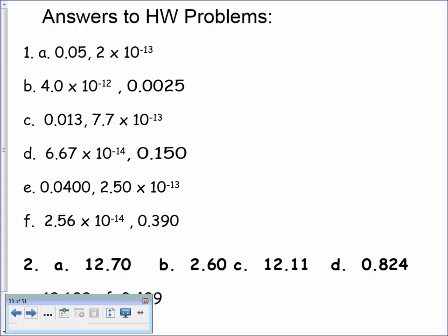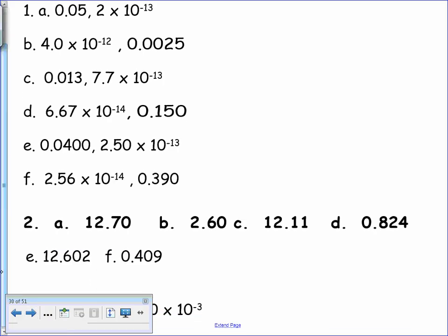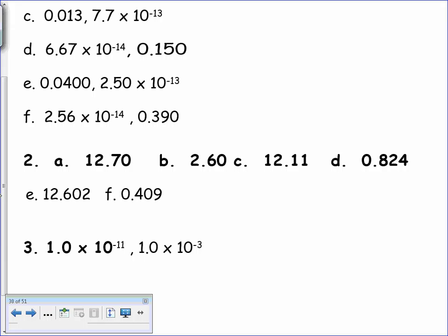Wrong. Right, I thought I did them wrong. Is E supposed to be 0.200?